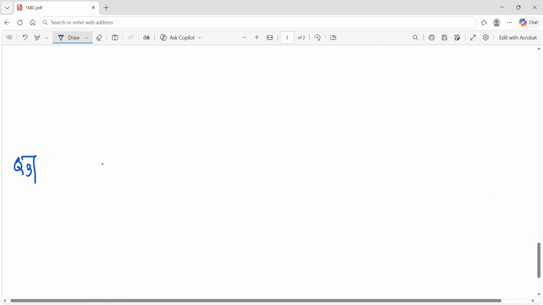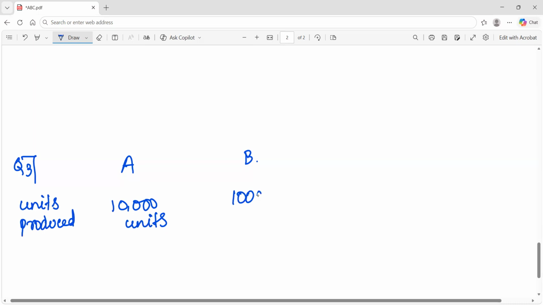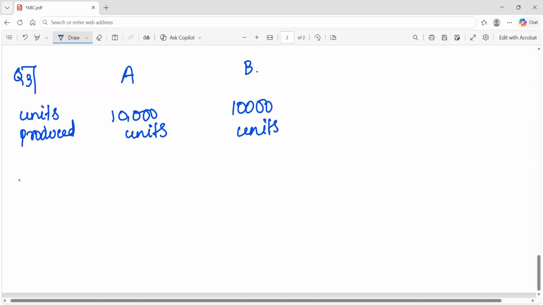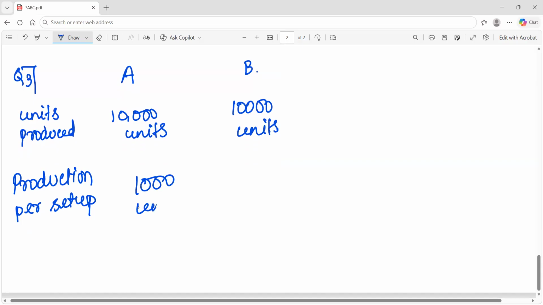So listen, for example, let's say the company is producing two products, A and B. Units produced is equal to, let's say, 10,000 units of A and 10,000 units of B. Production per setup. Here, let's say 1,000 units, and here, let's say 5,000 units.